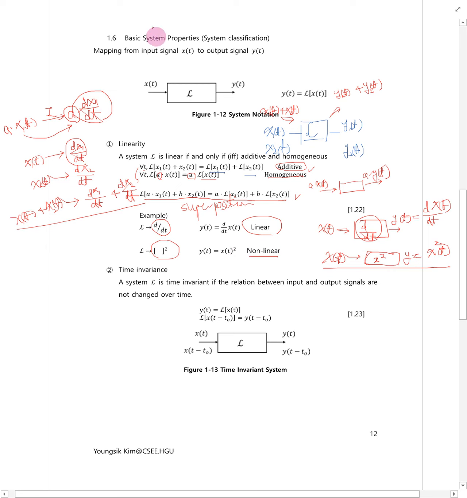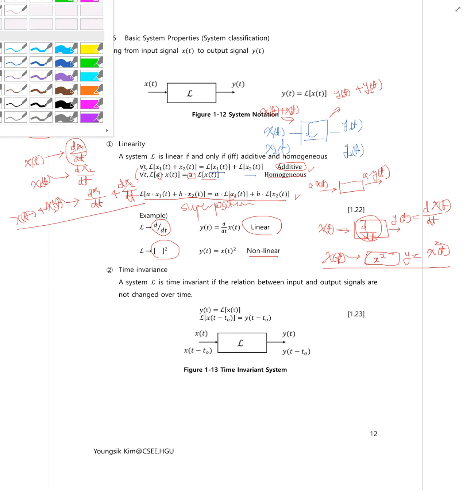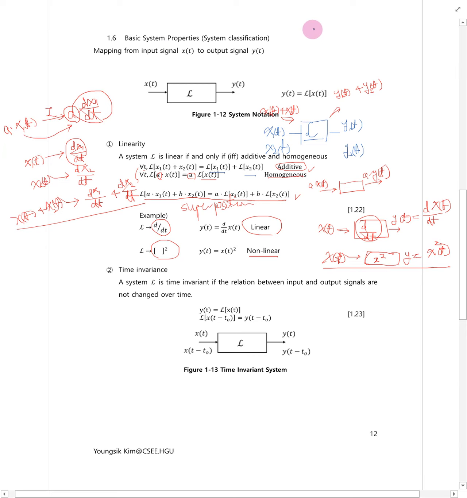I would like to give one more example. Let's try the system y(t) equals 2 times x(t). The input is applied here and simply multiplied by 2, giving the output.